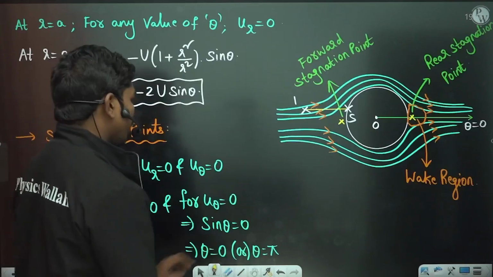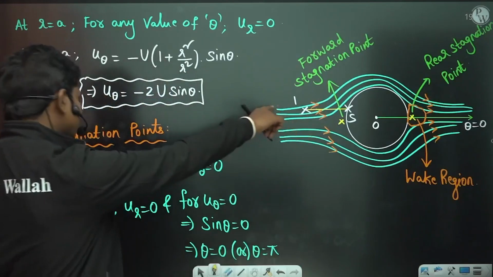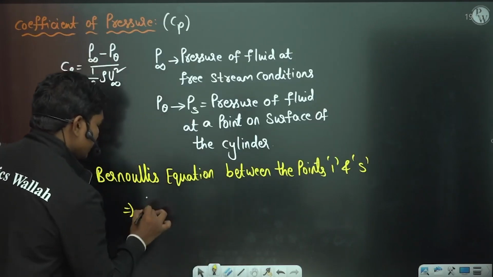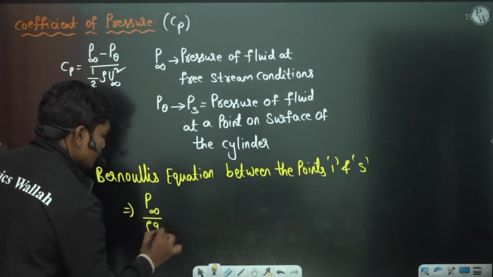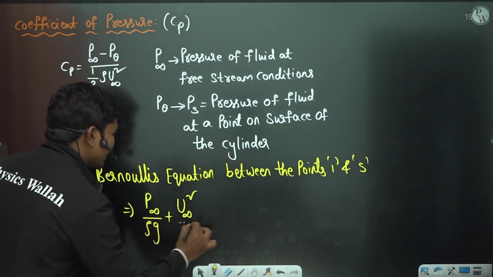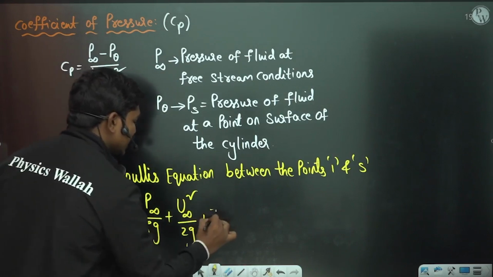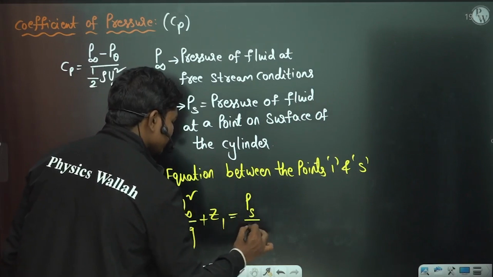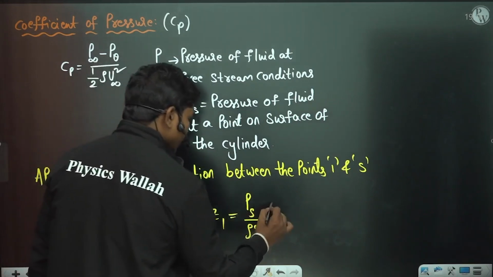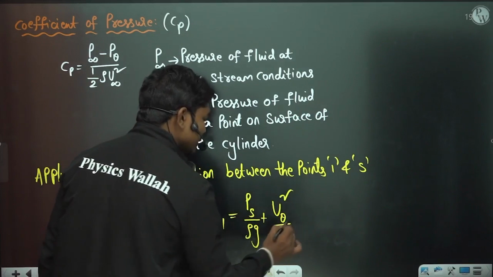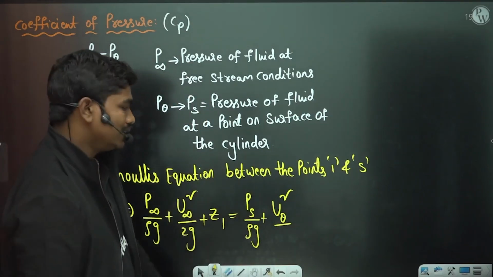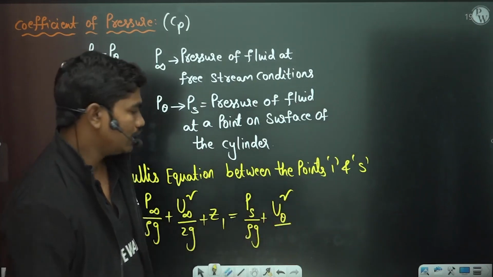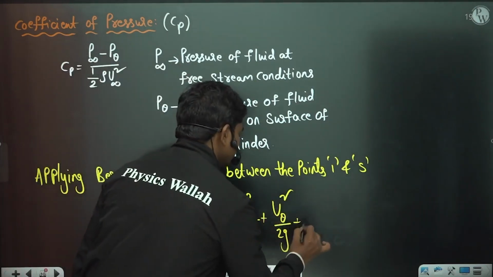At location 1, since the conditions are free stream, we can write P infinity by rho g plus u infinity square by 2g plus z1 is equal to P theta or PS on the surface of the cylinder by rho g plus u theta square by 2g plus zs. On the surface of the cylinder we have only u theta, we don't have any radial velocity, so v square is nothing but u theta square.